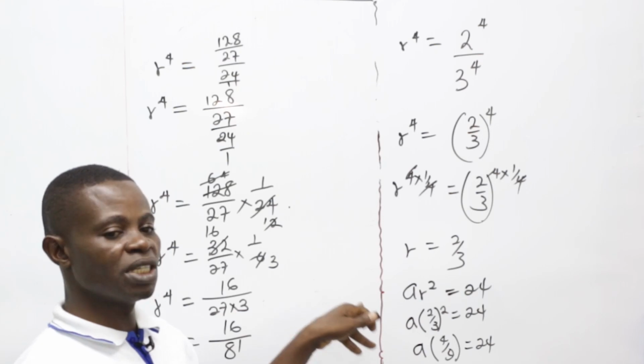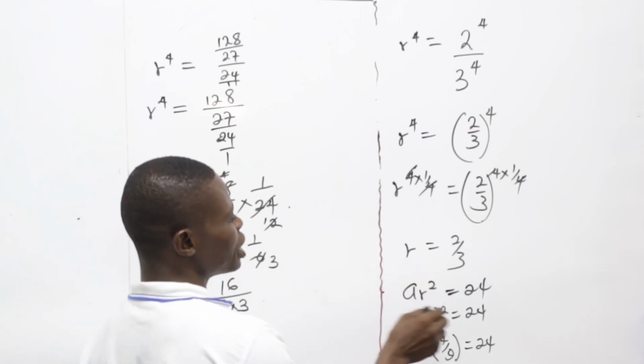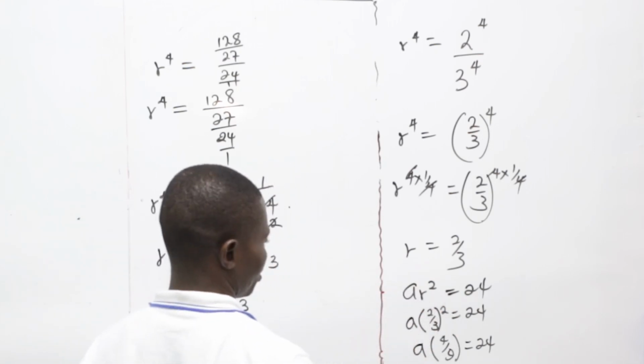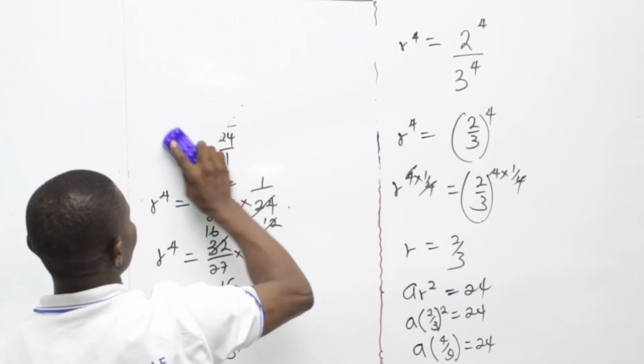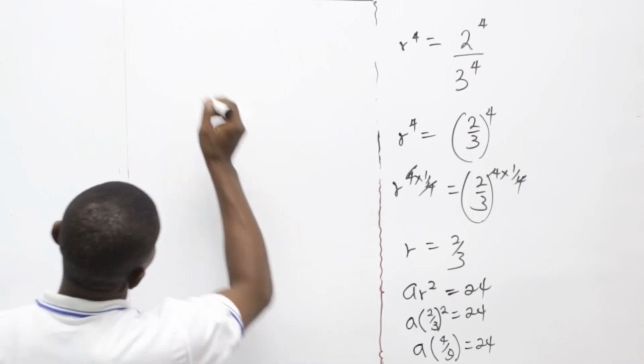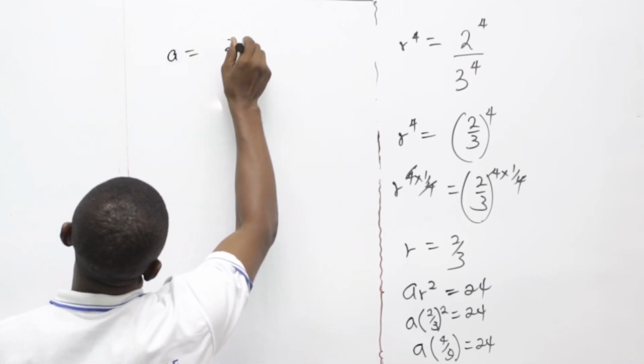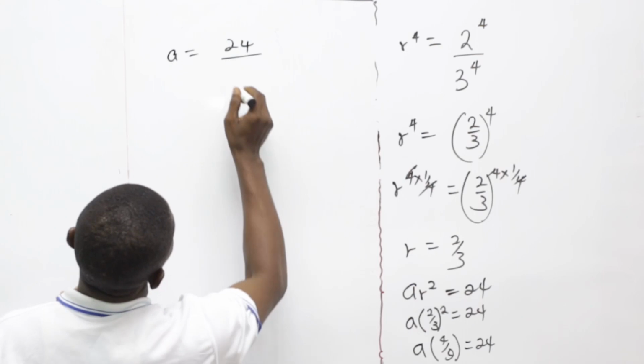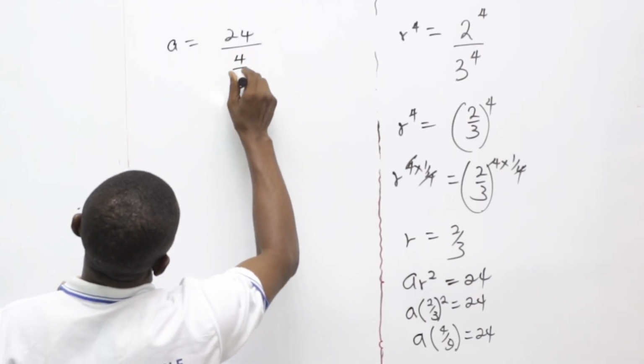Make A the subject of the formula. When you do this, A is going to be 24 divided by 4 over 9.